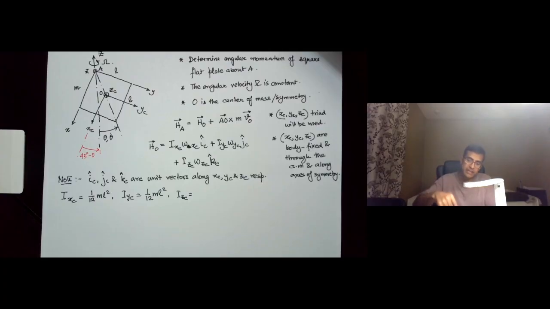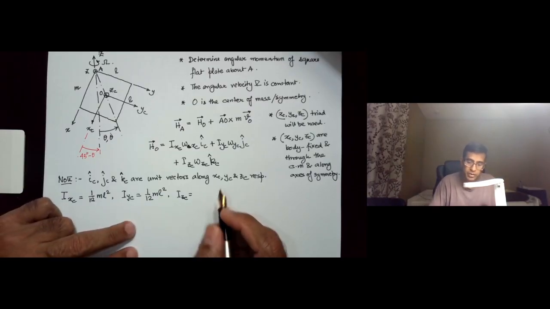If z is pointing perpendicular to that flat surface and x and y are along the flat surface, then the moment of inertia along z is equal to the sum of moments of inertia about the x and y axes, and that comes from the definition of the moment of inertia.